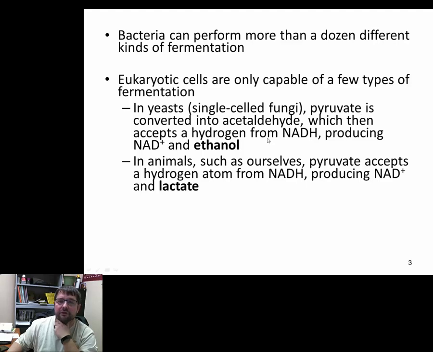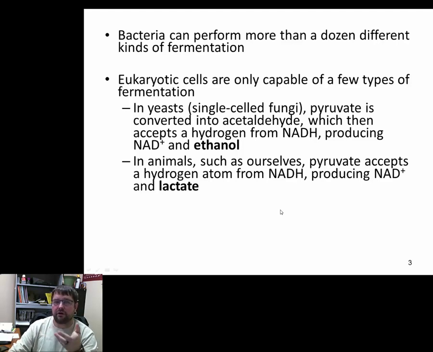So in the case of yeast, you have an intermediate, acetaldehyde. Instead of the acetaldehyde picking up that hydrogen to form ethanol, in this case, pyruvate just picks up that hydrogen to form lactic acid.